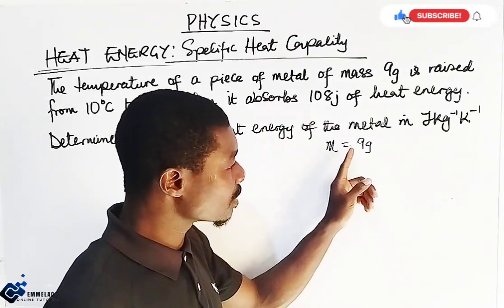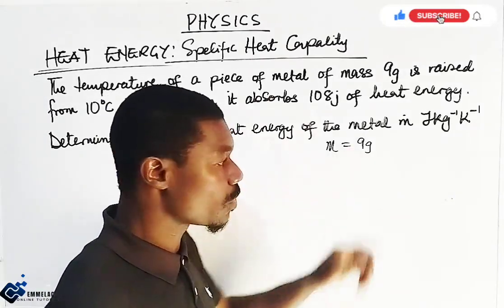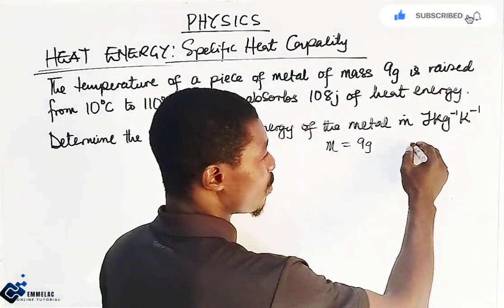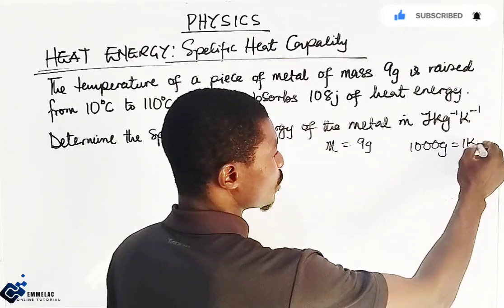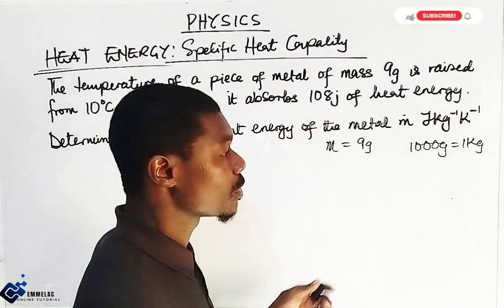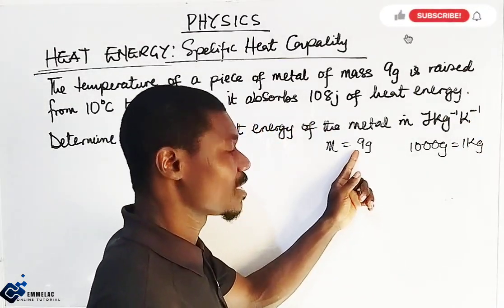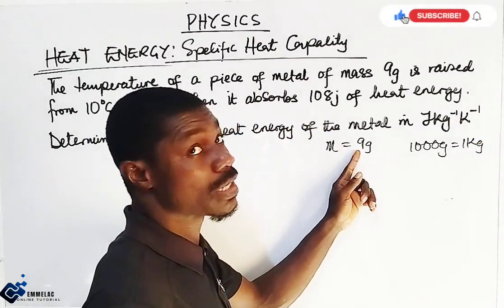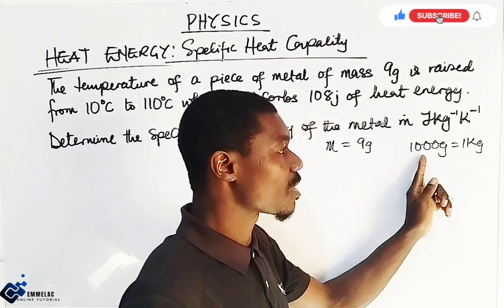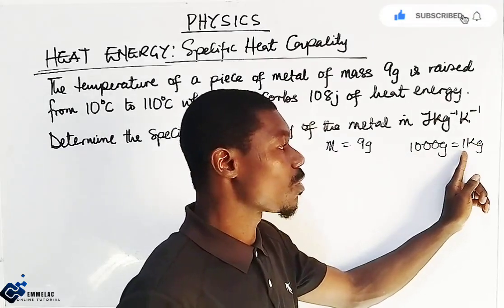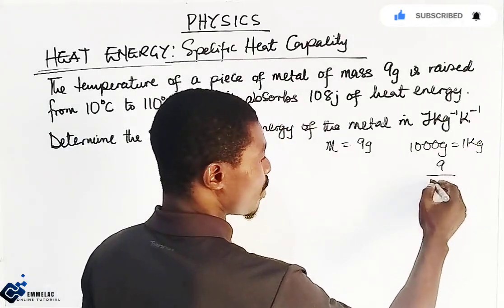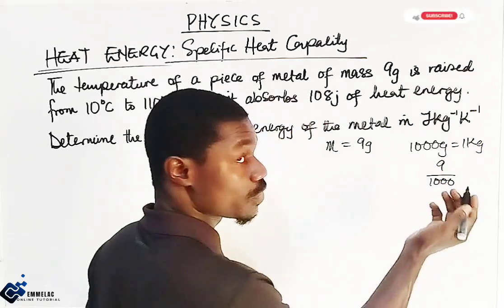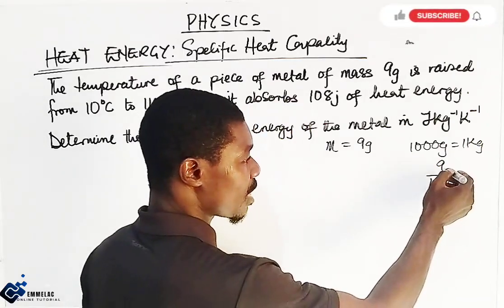How do we convert 9 gram to kilogram? If 1000 gram equals 1 kilogram, what we just need to do is divide this 9 by 1000, since 1000 gram will give you 1 kilogram. So it will be 9 divided by 1000. What you just need to do is take your decimal from here.